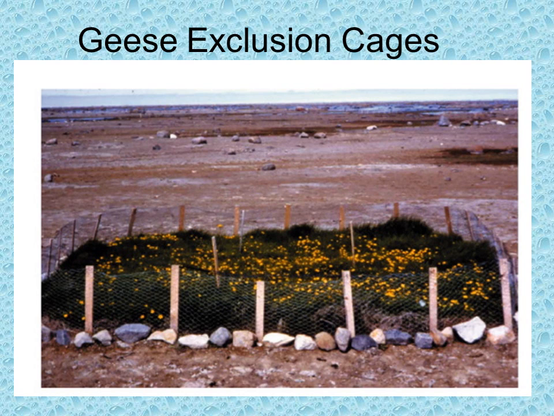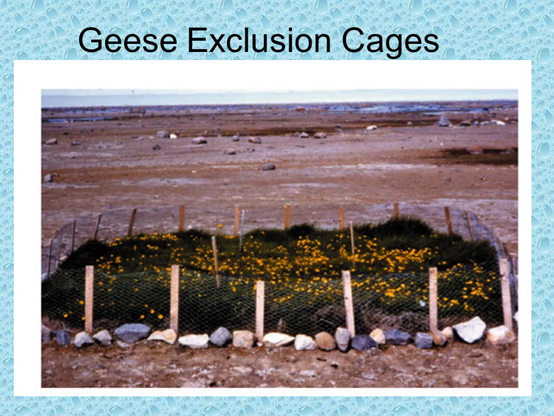So I want you to look closely at this picture. What this picture demonstrates is exactly what it says: a geese exclusion cage. So this is an area of a salt marsh that was caged so that no geese could get in there to eat any of that. Now look around that, and you can see in that picture that there's not one other area that looks remotely like it.